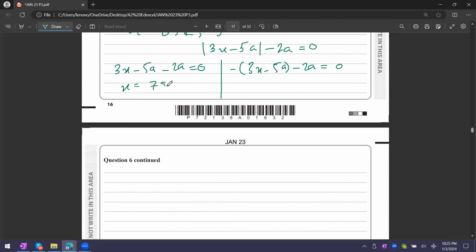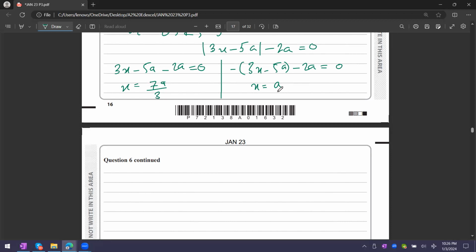X is equal to 7a over 3, and solving this in terms of a, x is equal to 3a over 3, which is just a. So 7 by 3a and a.